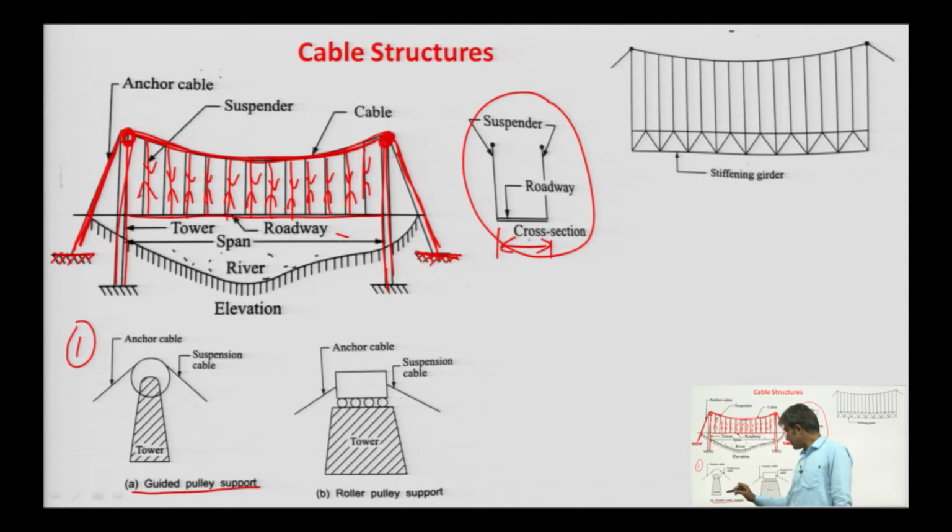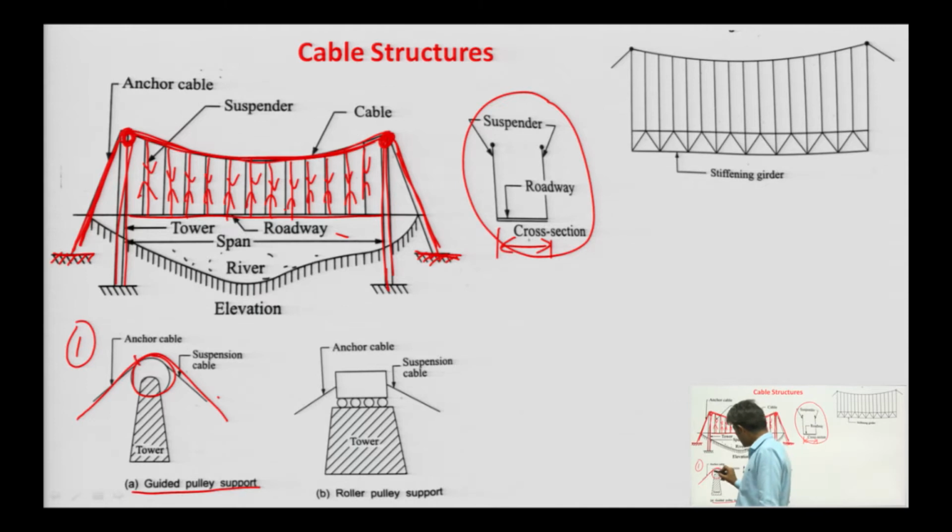In this case, the main cable and anchor cable are passing through this pulley. Okay. This one side is the main cable and this one side is the anchor cable.